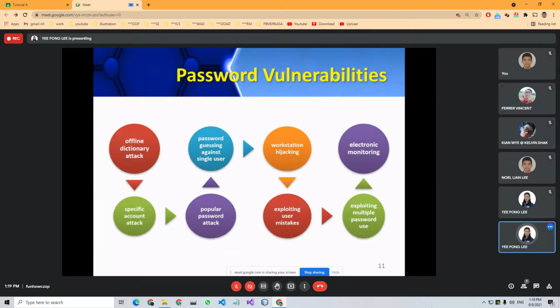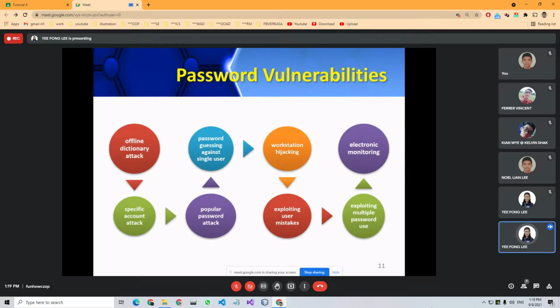Commonly used passwords means they have a list, and those words are easily found in a dictionary. When there is a match, the attacker might gain access to the account. Now, how to counter it? Of course, we think of a way to prevent unauthorized access to the password files stored in the system.